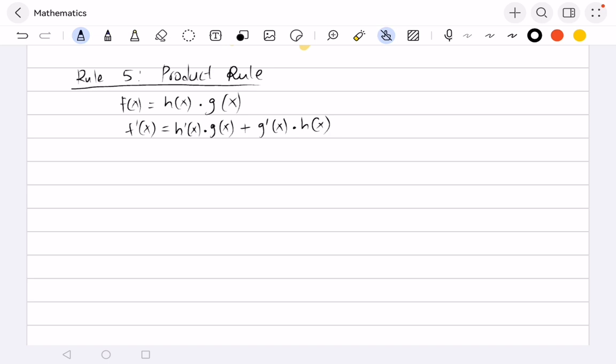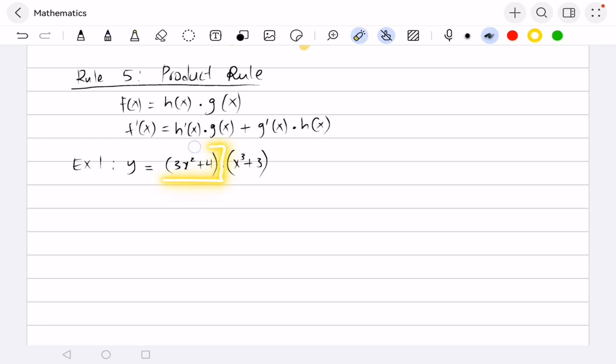So let us do an example of this function. Suppose you have the function y. This is example 1. You have the function y, which is 3x squared plus 4 multiplied by x cubed plus 3. So these are two functions.